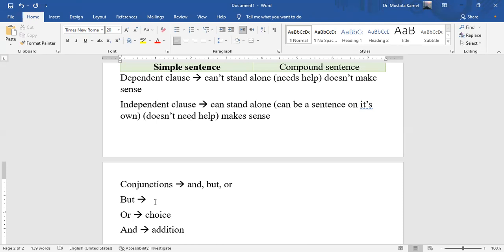So here, what does it show? It's like you would have to oppose the opinion. Very good. It shows contradiction, the opposite. Okay, contradiction or opposing. "Or" aims for the choice and "and" for the addition, right?